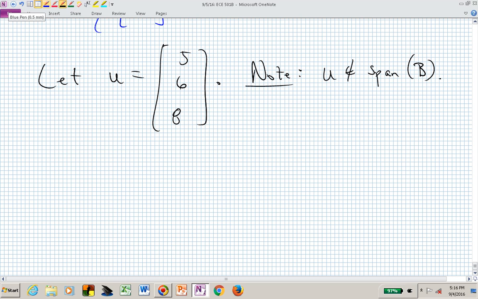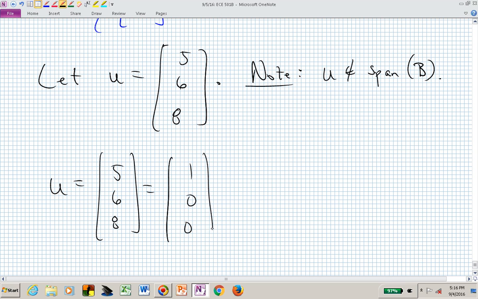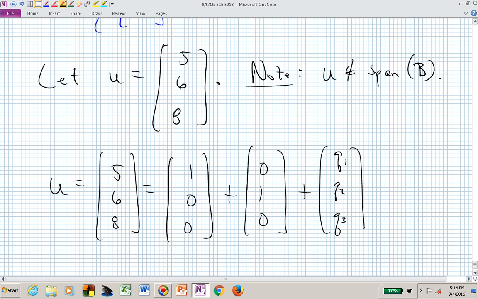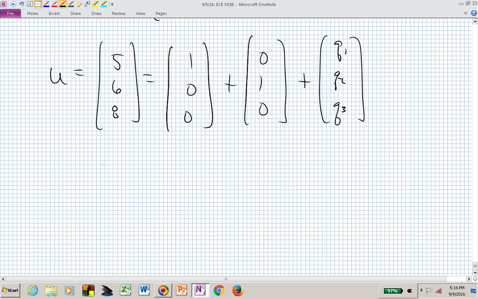Now we can take u, which is 5, 6, and 8, and form a sum of the original vectors in B, v1 and v2, plus some new vector q, and we can now solve for q by pushing the v1 and v2 to the other side.